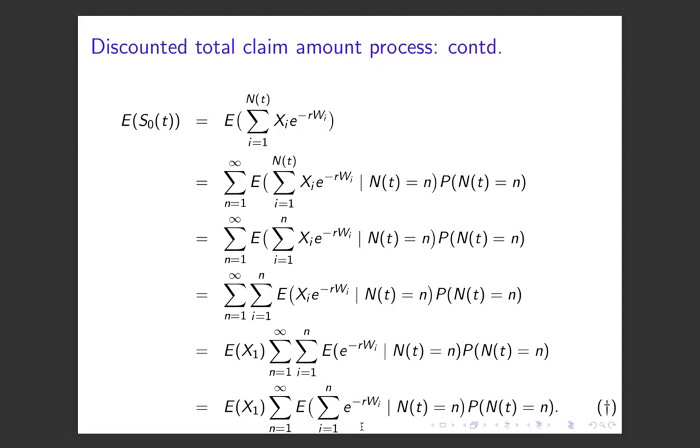Because in this object, to evaluate it, we can use our theorem concerning the connection between the Poisson process and the order statistics. So this is equal to, we denote by dagger.